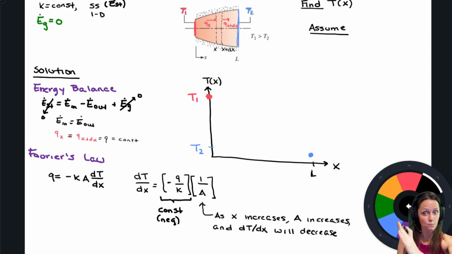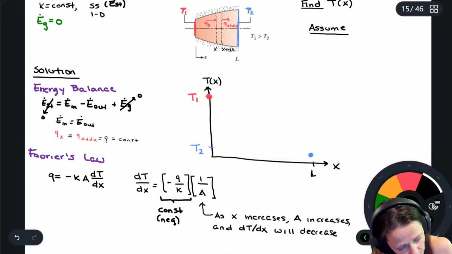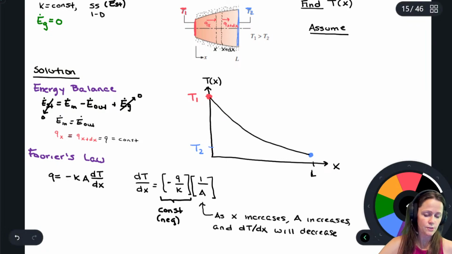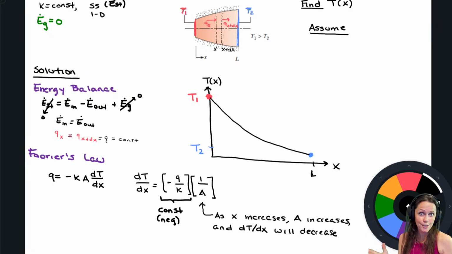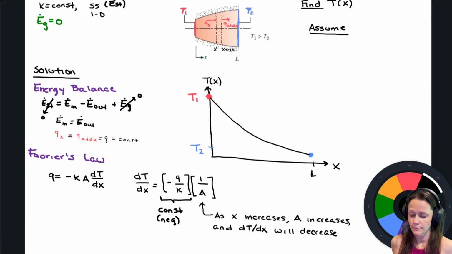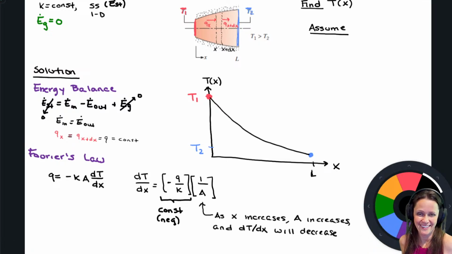It's going to start out high, and then go down. So the slope's higher towards x equals 0, and then it gets less steep. Let me know if you've got questions about that.